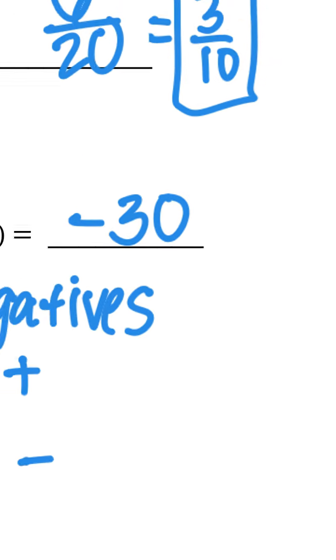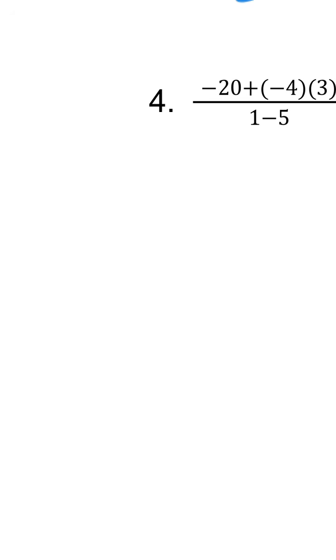Okay, number 4, last one. We're going to put everything together here. So we have some PEMDAS we have to do. So let's do our parentheses first. So we have negative 4 times 3 gives us what, class? Good, negative 12. So I will write negative 12.